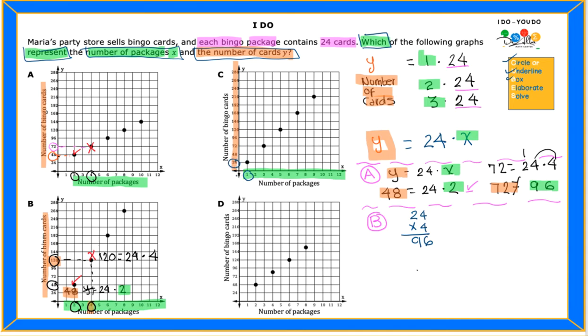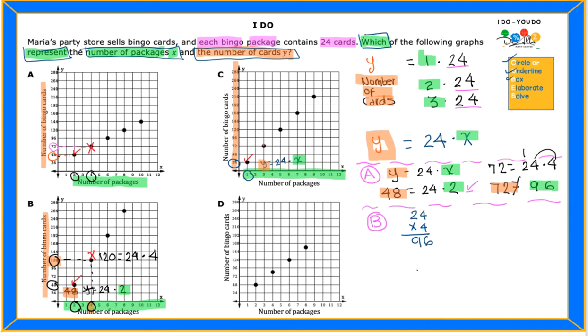And the equation says that the total y equals 24 times x. And in this case, the y is a 24, as this value right here. And the x is a number 1. And 24 times 1, like here, is 24. So this point right here, it works.